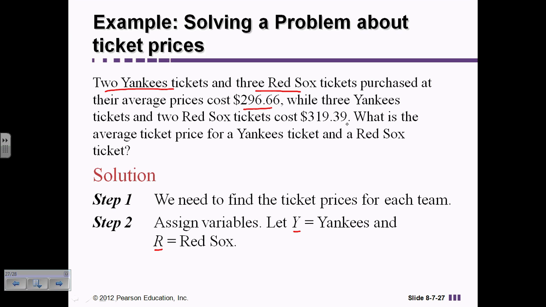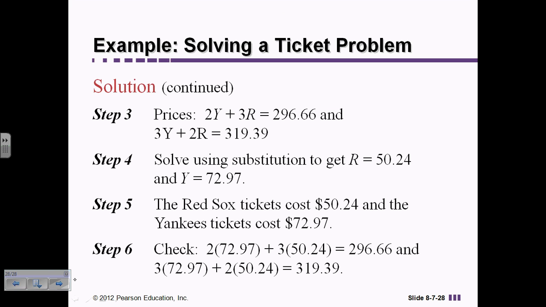And then the second equation says 3 Yankee tickets and 2 Red Sox tickets are $319.39. So our equations are 2Y plus 3R equals 296.66, and 3Y plus 2R equals 319.39.